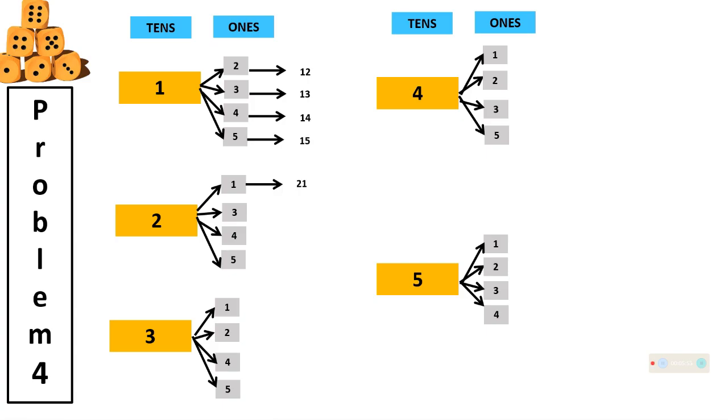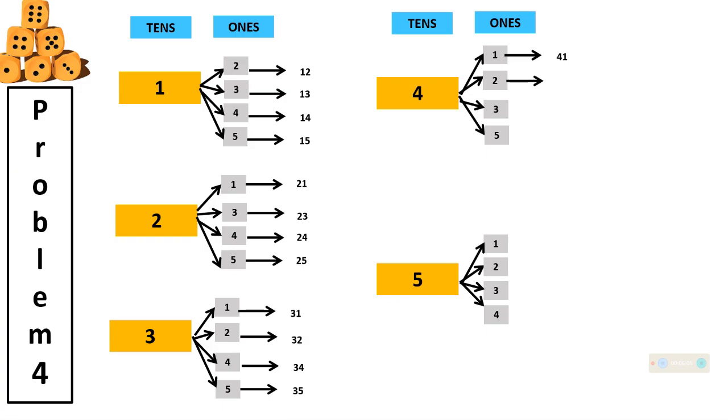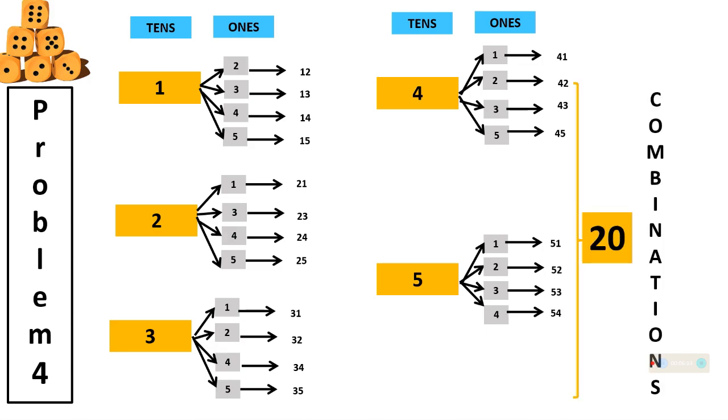Of course, there should be no 33, no 44, and no 55. Okay? So, as you have seen by listing method, we have here the proof. So, how many two-digit numbers can we have? We have 20 combinations or 20 numbers.